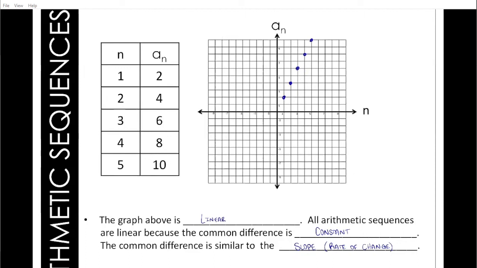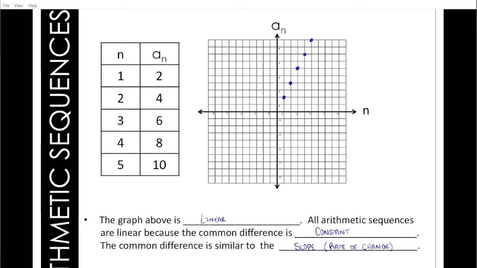All right, the last thing we're going to talk about: I want you guys to notice, we just talked about linears, quadratics, and exponentials. Absolutely, it's going to be a linear graph. The graph above is linear. Every single arithmetic sequence is linear because of the common difference.